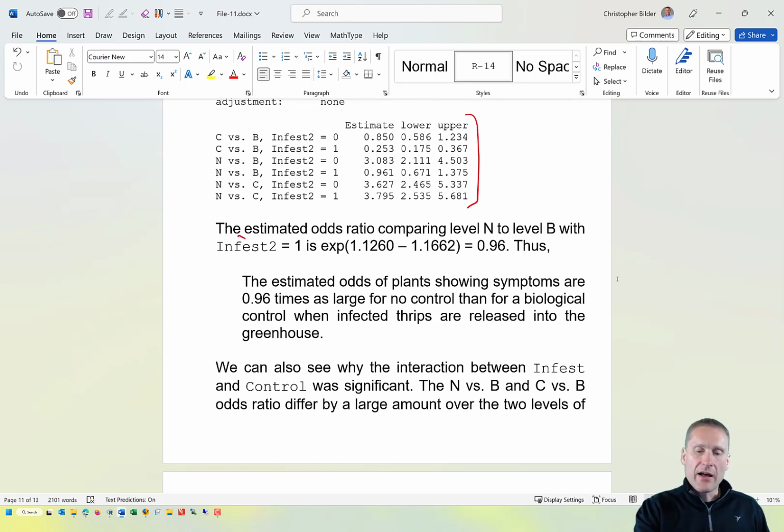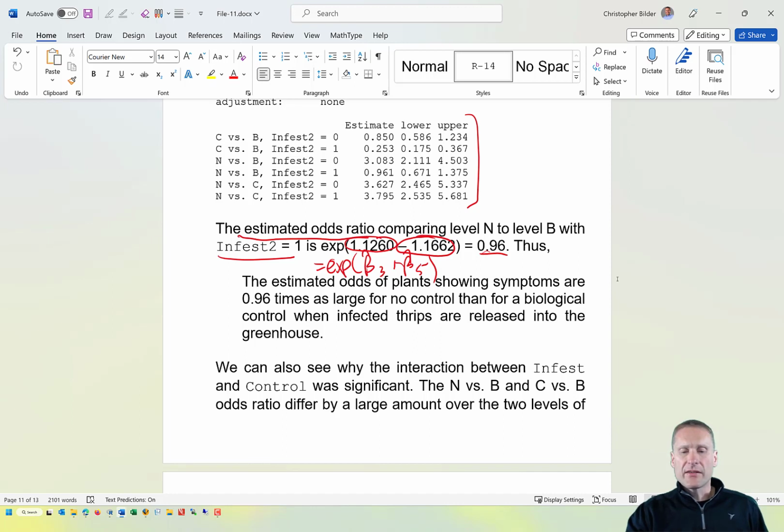Okay, so some examples here. The estimated odds ratio comparing level N to level B with infest2 equal 1 is equal to exp evaluated at beta hat 3 plus beta hat 5. If you go back to the estimated model, here's beta hat 3, here's beta hat 5, and I get 0.96.